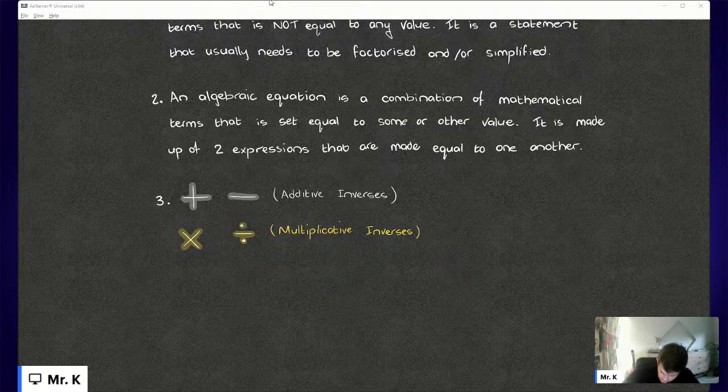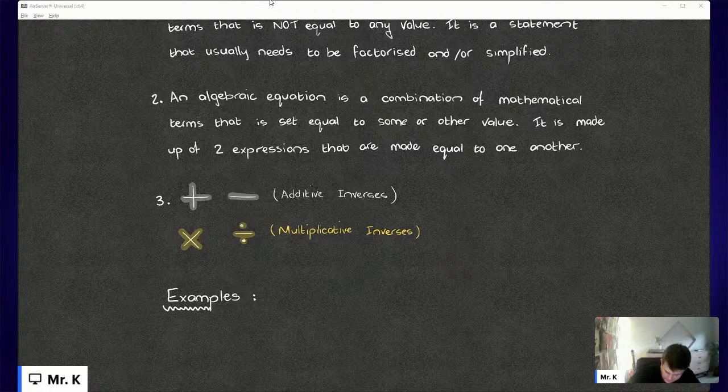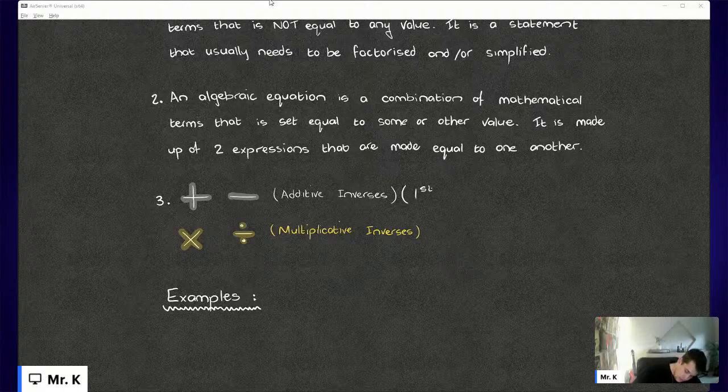So, without writing down too much information, we're going to dive into some examples. But even though this might not make perfect sense right now, I want you to remember that we always deal with our additive inverses first, and then we can move on to dealing with our multiplicative inverses.